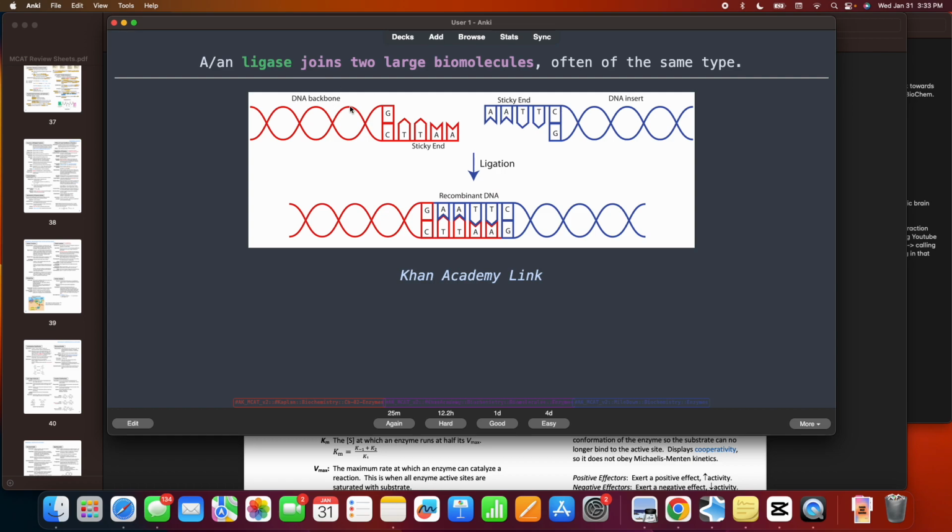So we have the DNA backbone here. We have a DNA insert, stick it in. You ligate them. You have a ligase that does that. Two large biomolecules like DNAs. You get a recombinant DNA. This is basically the microscopic view of what happens in genetic recombination.